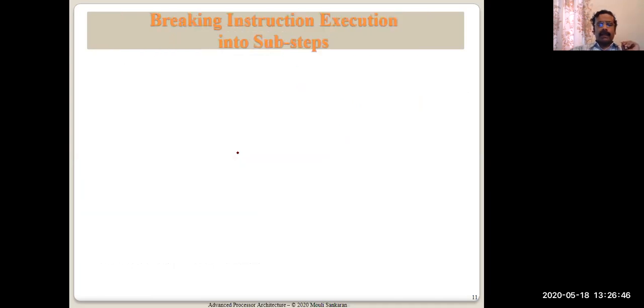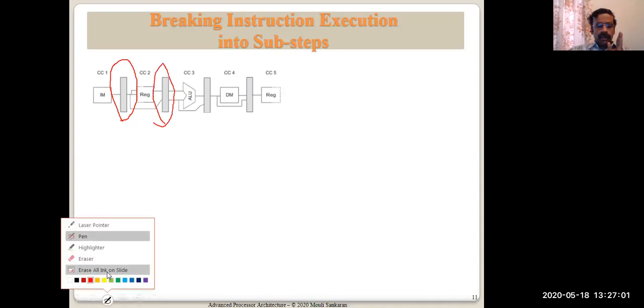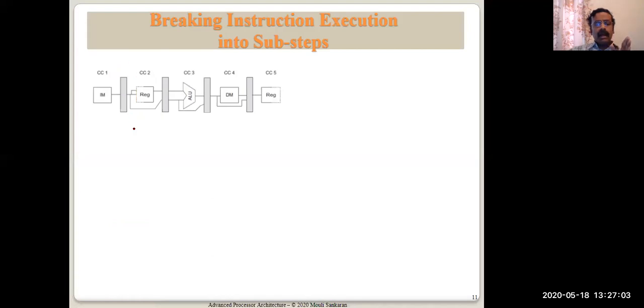Now let us see how the instructions flow through the pipeline. Now I am going to detail a little bit. If you see, I am bringing something new, which I will talk about soon. It is some hidden registers, called pipeline registers.